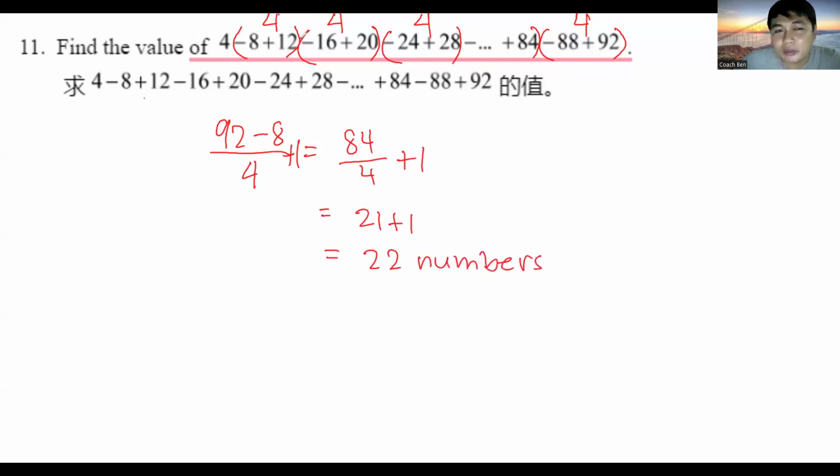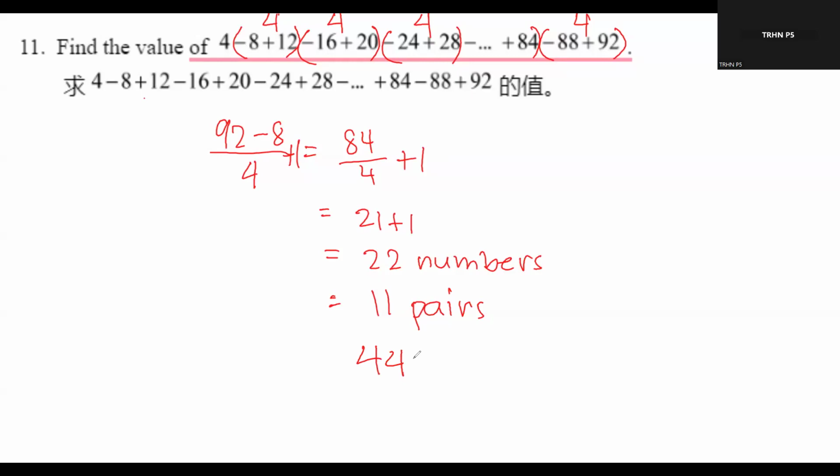So there are 22 numbers from negative 8 to 92. And that means, diba, every pair of numbers gives us a sum of 4. So that is 11 pairs. 11 pairs times 4, their value is 44 plus 4, that is 48.